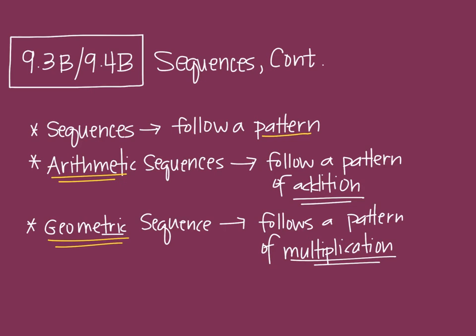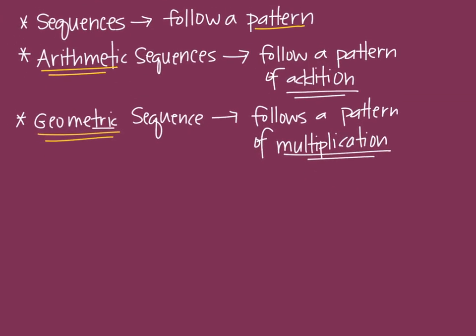But you can also say that division is multiplication by the reciprocal. And so just like subtraction is really just the adding of a negative number, division is just the multiplication of a reciprocal number. Therefore, geometric covers both what looks like multiplication and what looks like division.